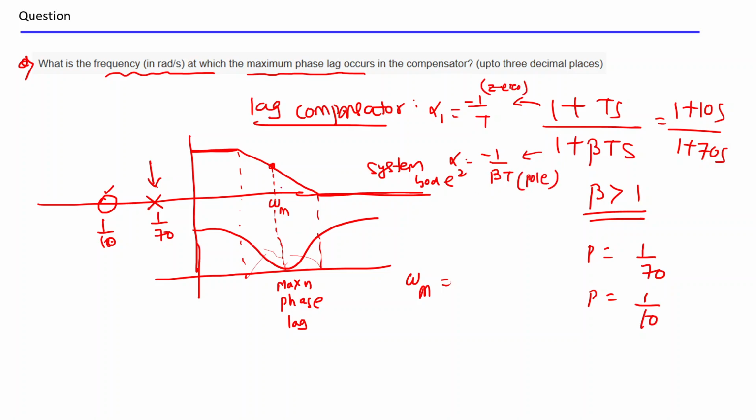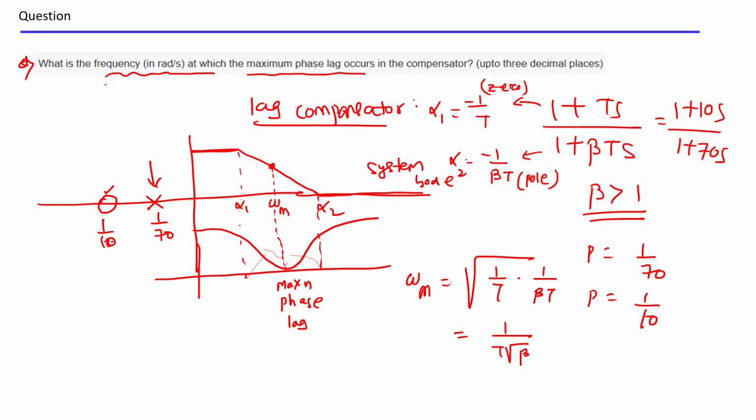So you just take the geometric mean of the two, 1 by T and 1 by beta T. If you take the geometric mean, you get 1 by T root beta. So this is the omega m value.